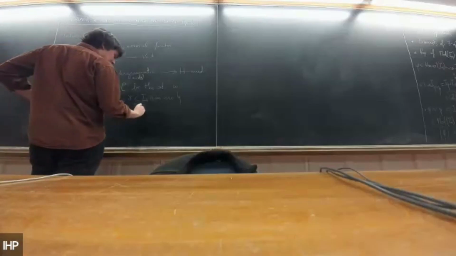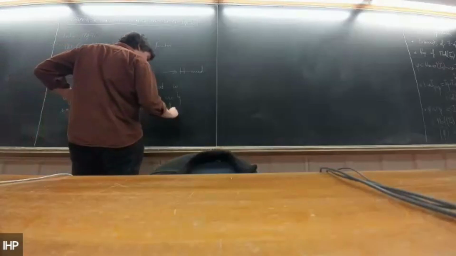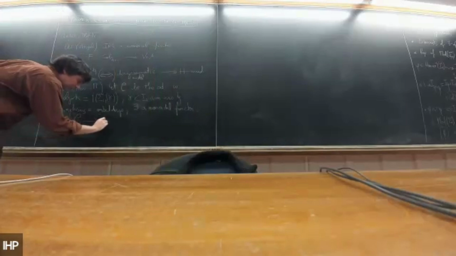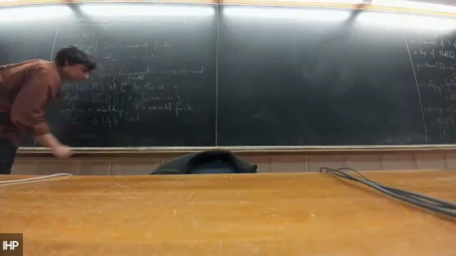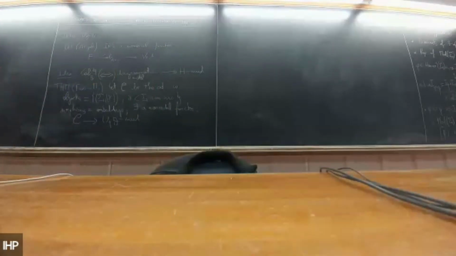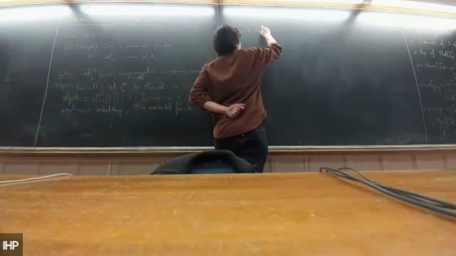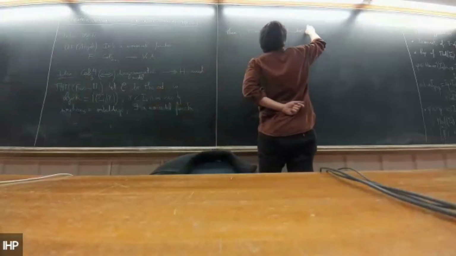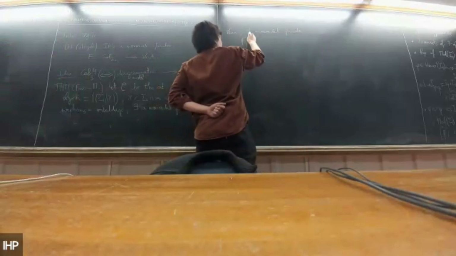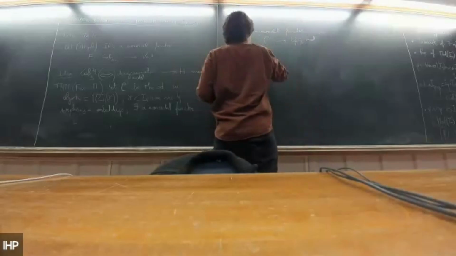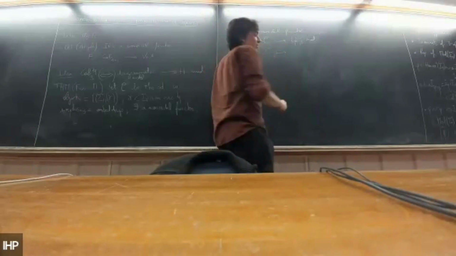Then what I want to say is that there exists a monoidal functor F_Q from C to U_Q(G)-mod, the modules over the quantum group associated with the Lie algebra.